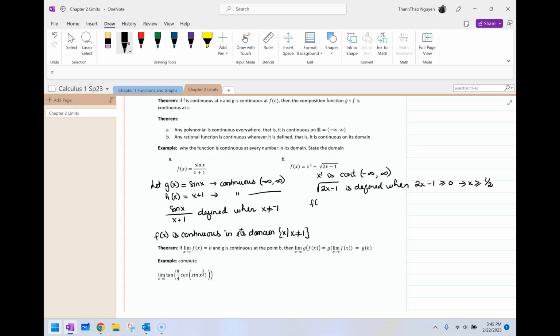This means f of x is defined on the interval x such that x is greater than or equal to a half, and continuous in its domain.